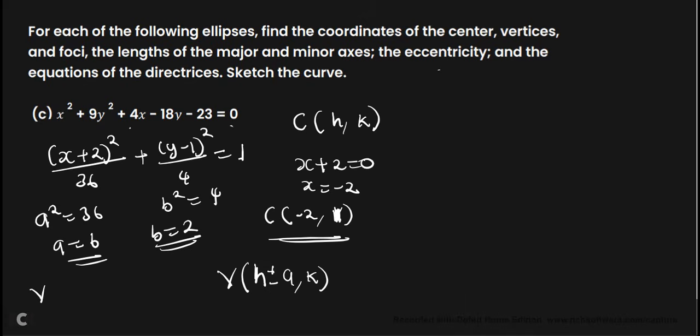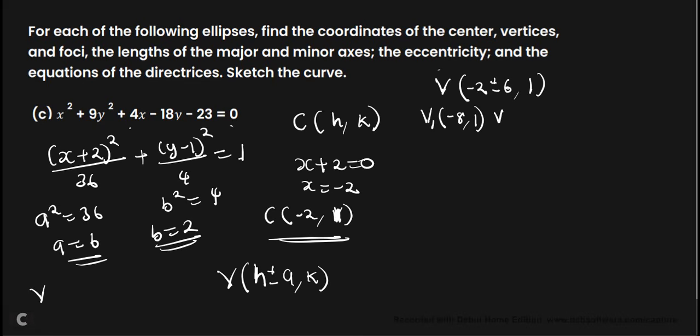What is your h? It's negative 2 plus or minus, what is your a? Your a is 6. And what's your k? K is 1. Then one is negative 8, comma 1.